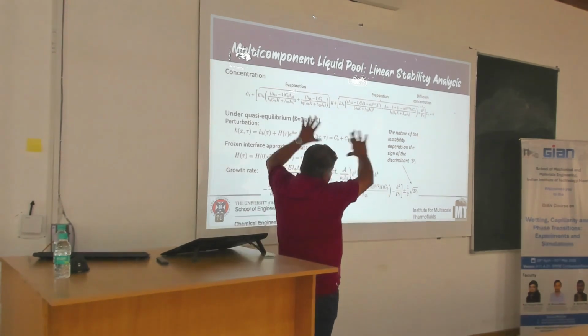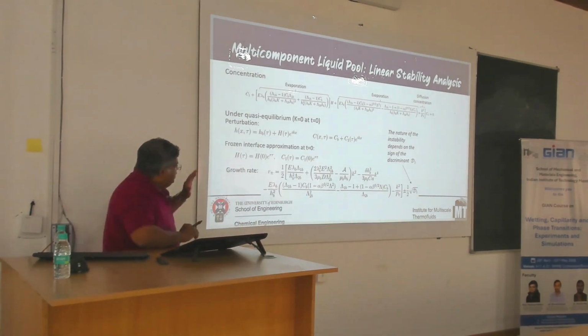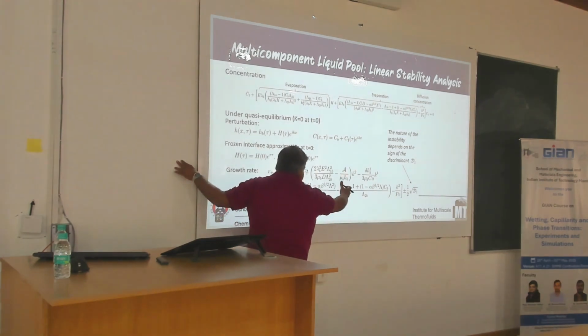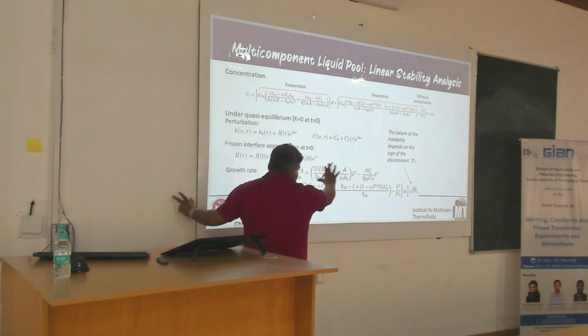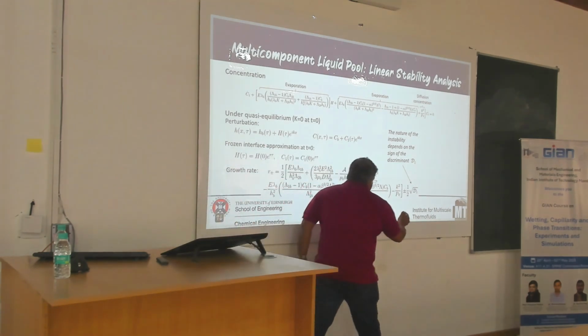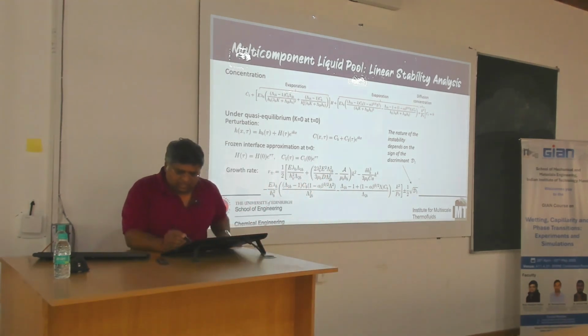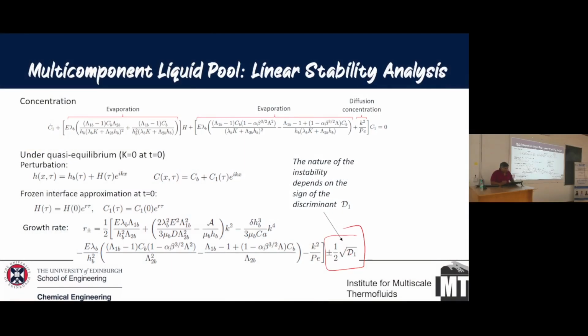If you do the whole stability analysis, we get this weird-looking equation. All of these things, the Hamaker constant, the effect of Soret, Marangoni, etc., come into the picture here. But the most important term I would ask you to look at is this particular term, the determinant D, which also has Soret and thermal Marangoni. The sign of the determinant describes the nature of the instability.